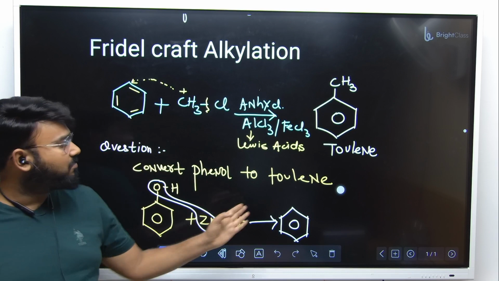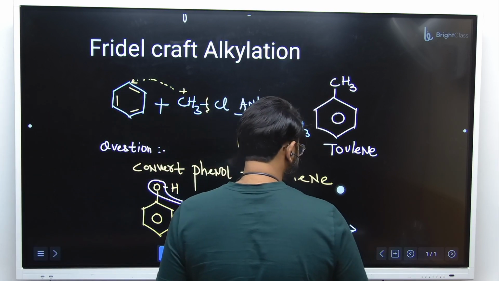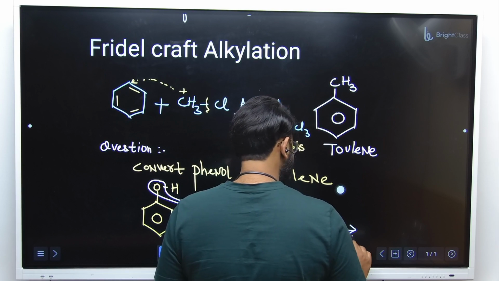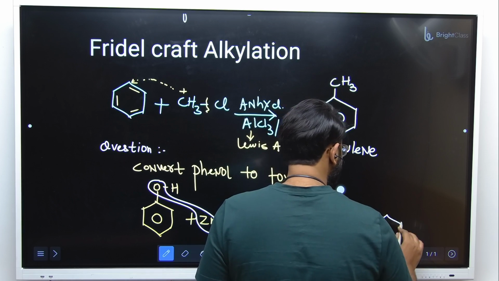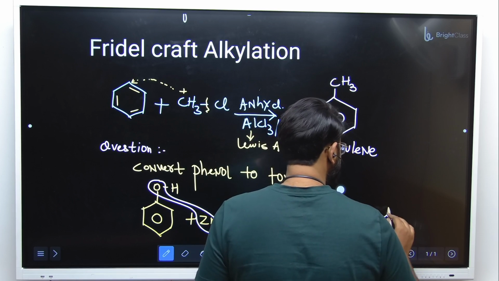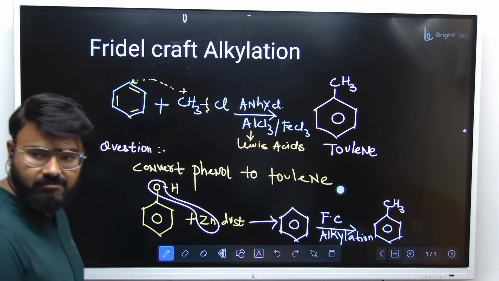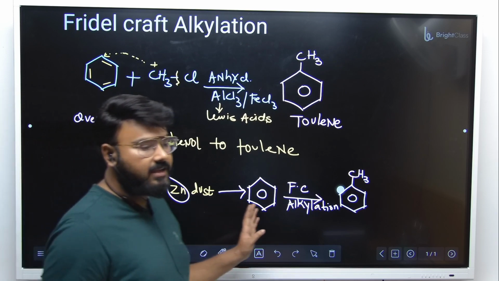And now you know what we have to do. So carry out Friedel-Crafts alkylation, FC alkylation, we just learned, and what we will get is toluene. Done. Guys, see this? Understood everyone? Is everyone clear?